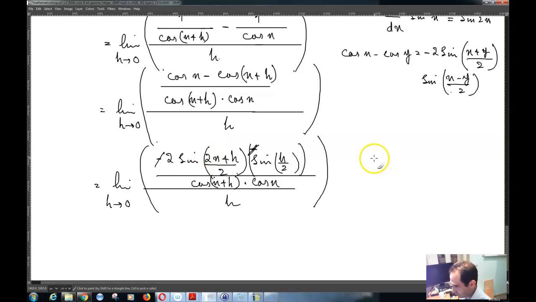So if you had, for example, a over b, divided by c, which is h here, that would be a divided by b times 1 divided by c, which is a divided by b times c.